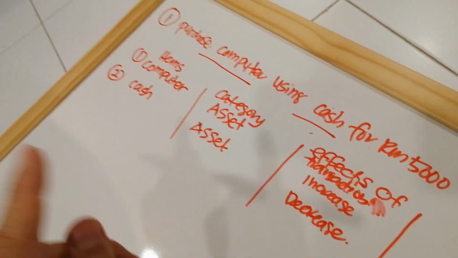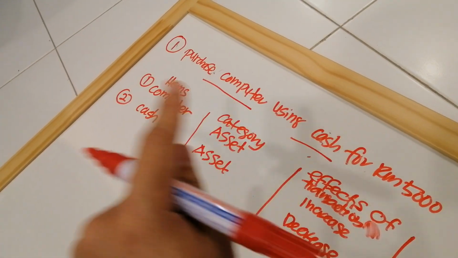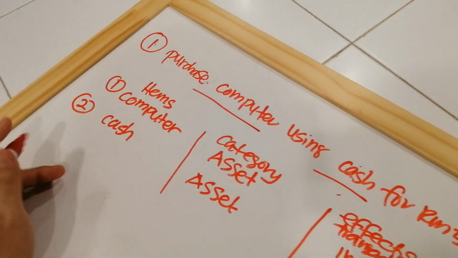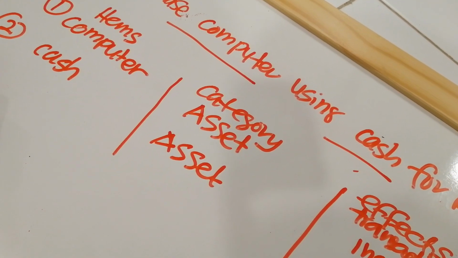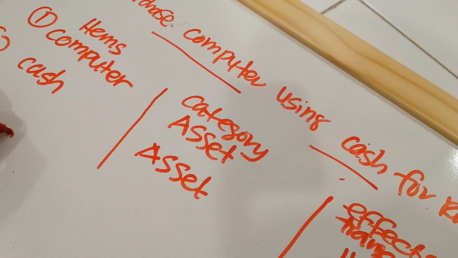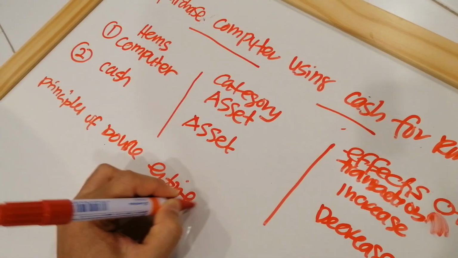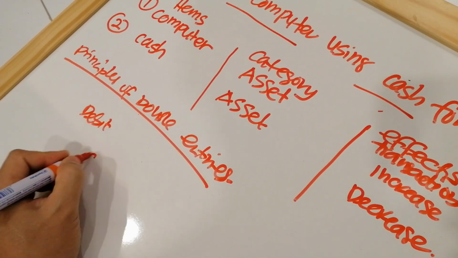This is effects. If you still remember, just now number 1, effects of transaction. Number 2, principle double entry. Principle double entry means you need to know debit, credit.